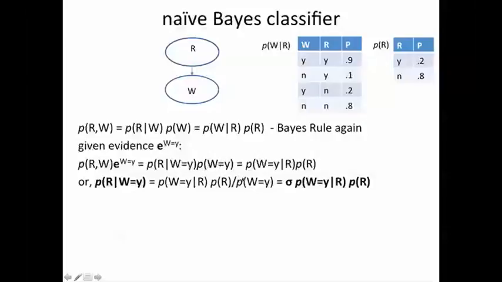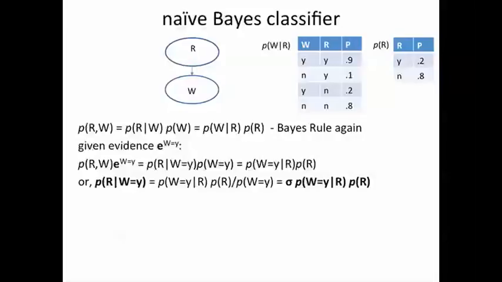The inverse of probability W equal to yes, we'll just write it as sigma. It's simply the probability of the evidence, and we'll use this sigma wherever we need to refer to 1 over the probability of the evidence that we are observing. Pardon the use of sigma for this purpose here.